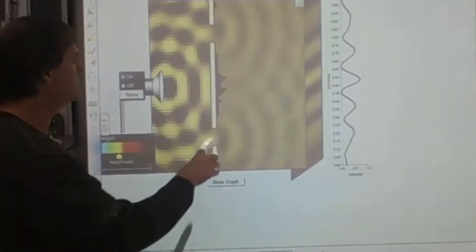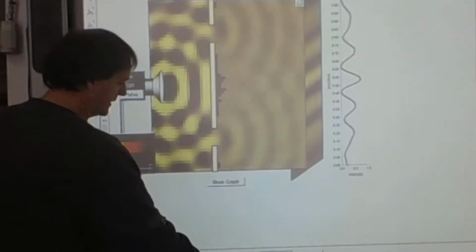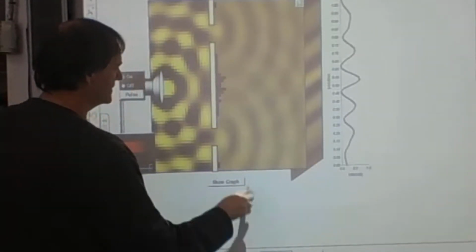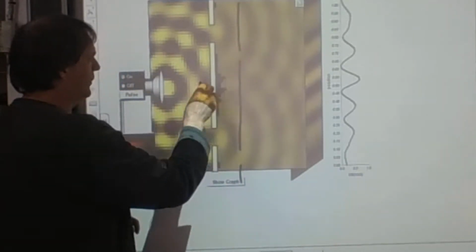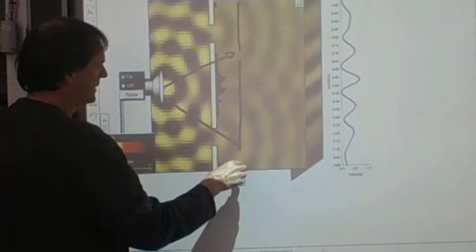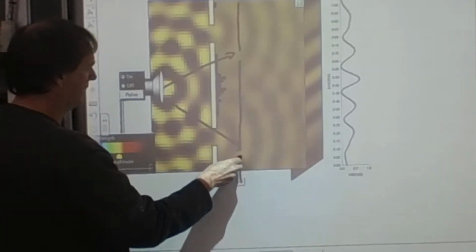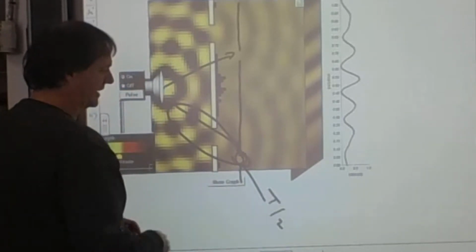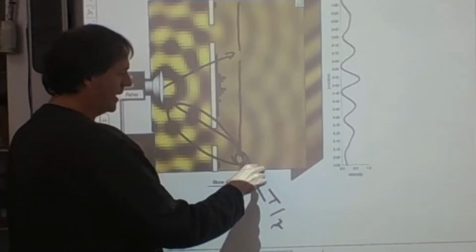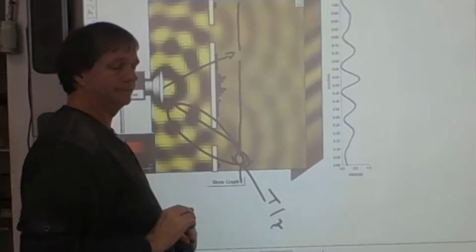So you could actually move these slits up or down so that they were further away. Let's say the slits are further down here now, and they were like that when the source came to there. Now this one has to travel a bit further. And if it was a half wavelength further to get to this lower slit, they'd now be coming out of phase compared to this one.